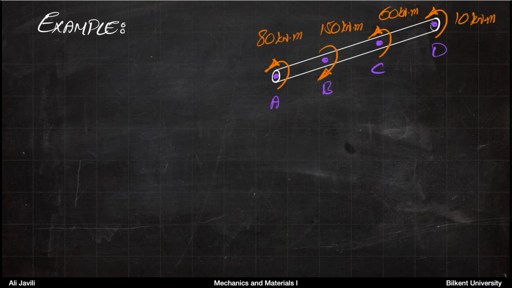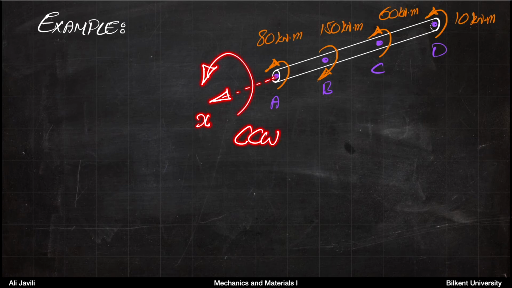The first thing you need to pay attention to is that whatever you see in the picture, these are external torques. So for external torques, it's easy. Let's say this is your longitudinal axis, the x direction. Then counterclockwise rotation would be your plus sign. So for external ones, we just assume plus is counterclockwise.